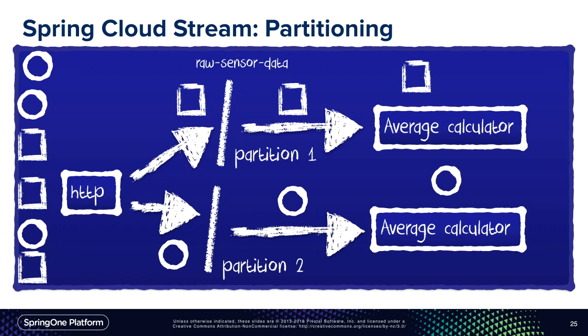So what we do is allow for adding a partitioning property on the producer. When we manage the destinations on the target middleware, we manage them in such a way that we create these logical partitions. For example, with Kafka, we don't have to do anything; Kafka is partitioned by default.